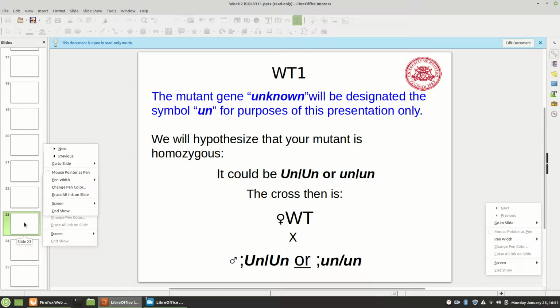Do you get 50-50 in the children? And then you breed it again, and what do you get? Do you get some other ratio of mutant flies to wild type flies, and that will tell you the nature of your mutation. We'll have to work out how that works, and you'll have to figure it out on your own, and that's what you're going to be writing about in your paper. So you do have to learn the nature of all these crosses.